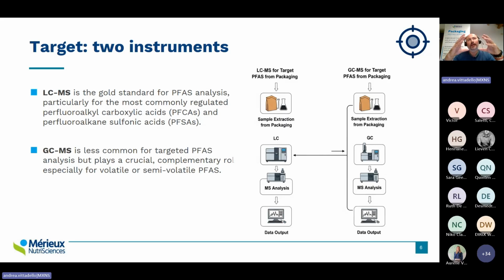And therefore, if you would like to have a picture of the presence of PFAS on your packaging product, you have to do both.